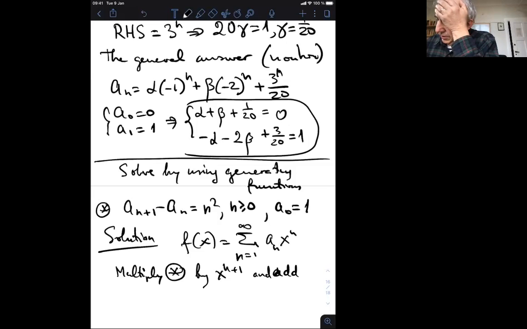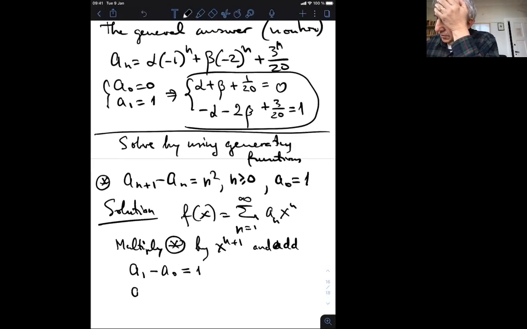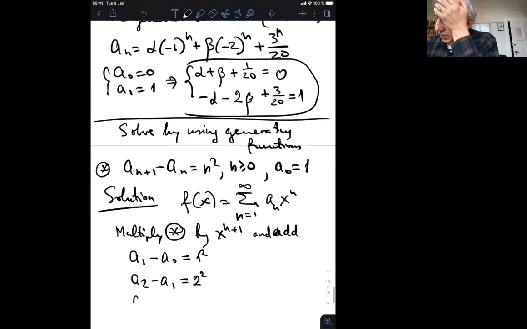So our first equation would be a1 minus a0 equals 1. A2 minus a1 equals 1 squared, no, 2 squared. A3 minus a2 equals 3 squared, and so on.